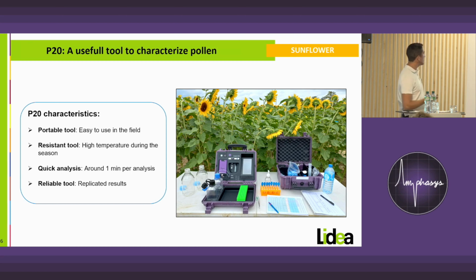Then it's a resistant tool. We could have high temperature and dust during the season, and the experimentation is under this temperature. The analysis takes around 1 minute, so we can characterize a large panel of males during the day, and we have good reliability on the results.